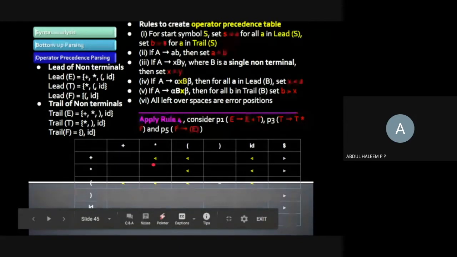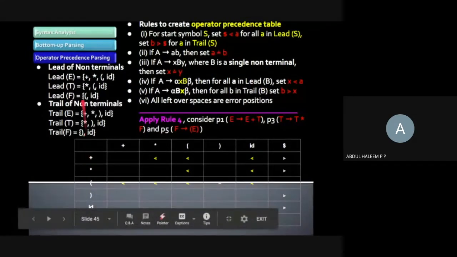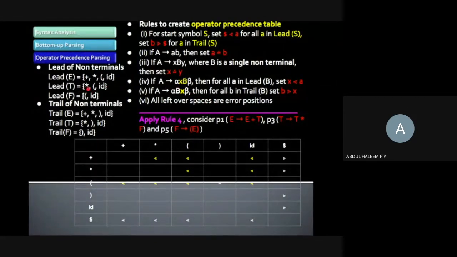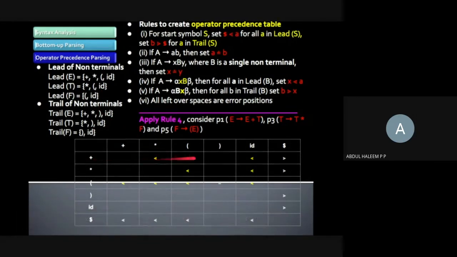Then again we will take plus and the other elements of lead of E. Lead of E is then star. So here we can see, for E plus T, lead of T, we will take plus and star, plus and left bracket, plus and ID.